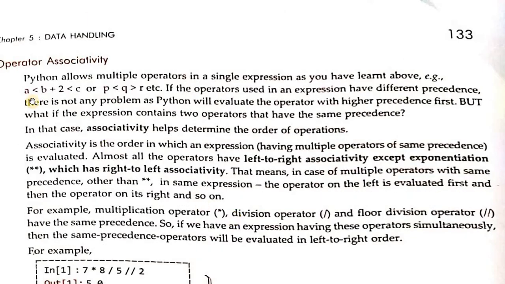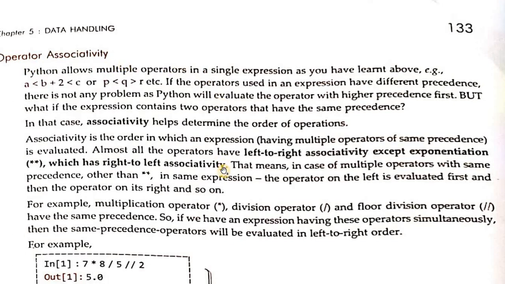Now the operator associativity. Operator associativity means if multiple operators are used in a single expression, in which order they will evaluate. So that is called operator associativity. For example, I have shown in the previous example that multiplication and division operators both have been used in that expression.